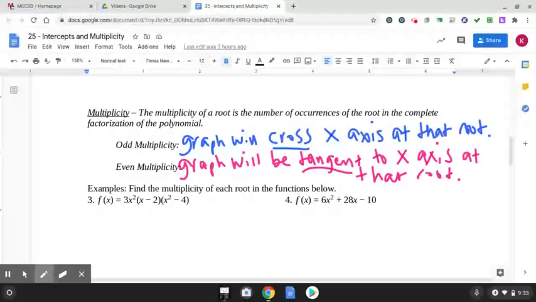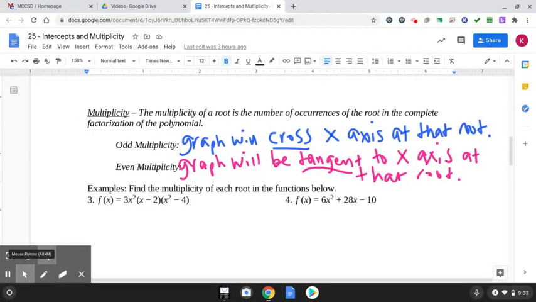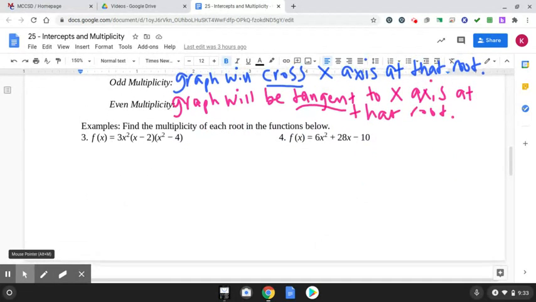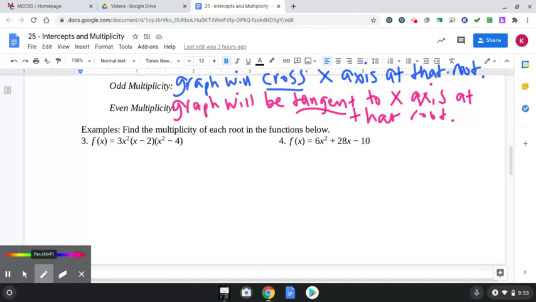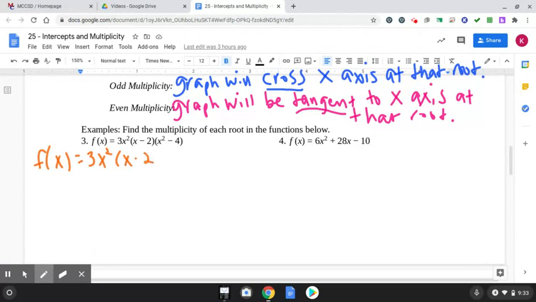So number 3, when we completely factored this, we had f of x equals 3x squared times x minus 2 times x minus 2 times x plus 2. That's what we did a second ago when we were finding the x-intercepts. So before we do the multiplicity, we're going to look and see if we have any repeaters. So we have 3x squared.